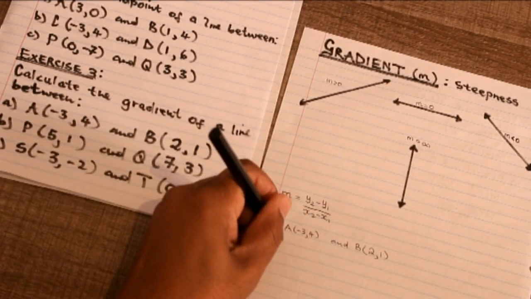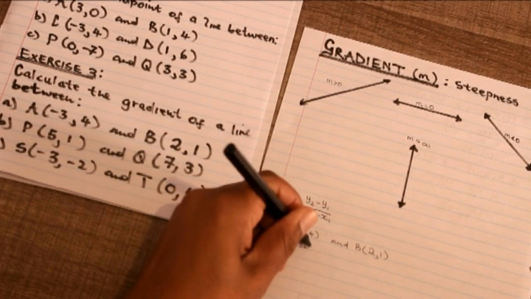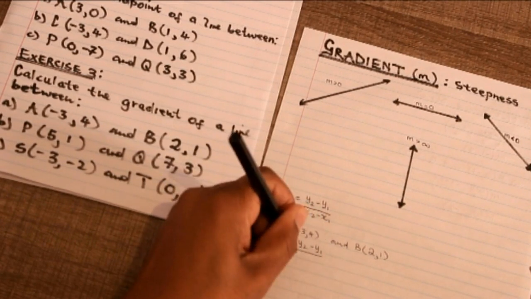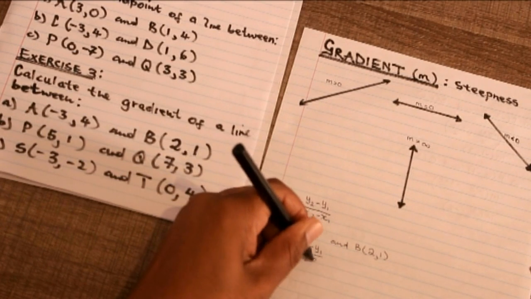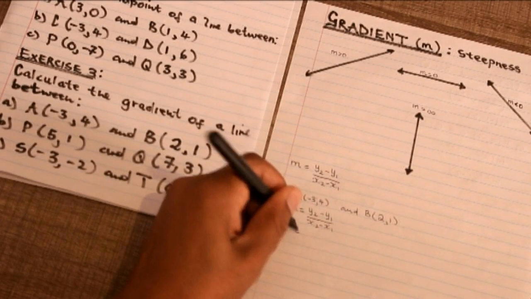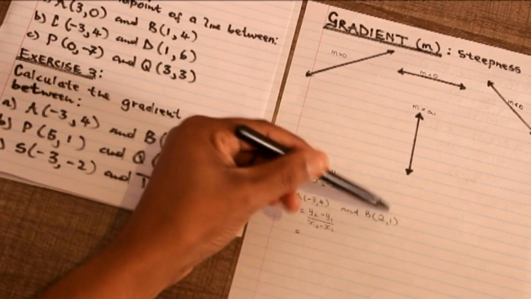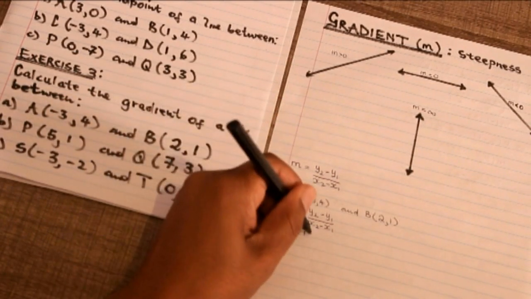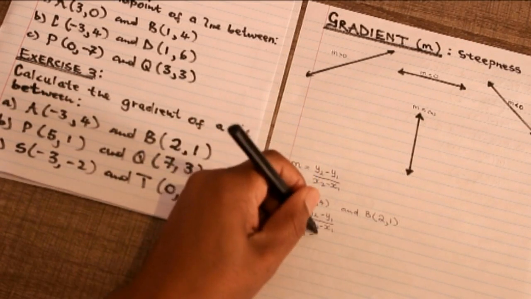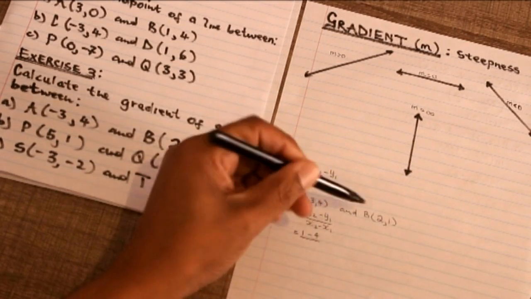The gradient m is equal to y2 minus y1 over x2 minus x1. So how do you get that? Substitute. You can still do the x1, y1, x2, y2. What is my y2? It is 1, subtracting 4. y2 minus y1 is 1 subtracting 4, dividing by, what are my x values?